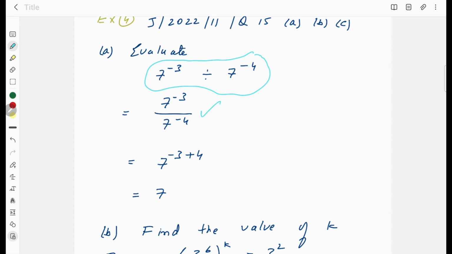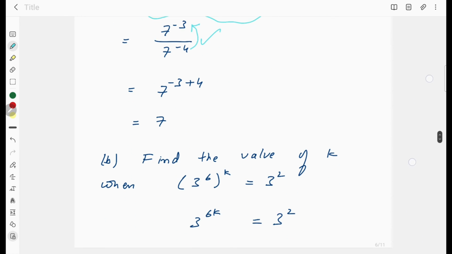If you want, you can write it this way, but it's not necessary. So denominator thing, bases are same, both are 7. So denominator will go up and become positive. Minus 3 plus 4 is 1, and no need to write 1. So this is your answer. 7 is your answer.